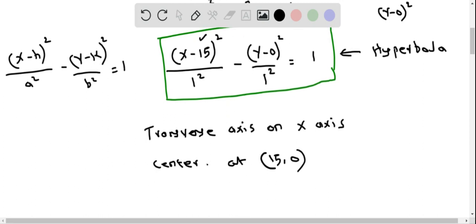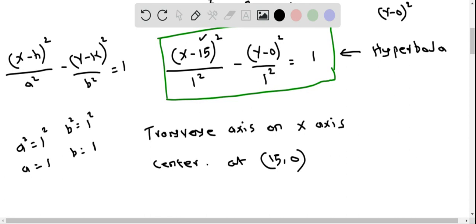We can also write down its vertices and co-vertices. For vertices, we have to determine a and b. Here we see that a squared equals 1 squared, so a equals 1. Also b squared equals 1 squared, so b equals 1.